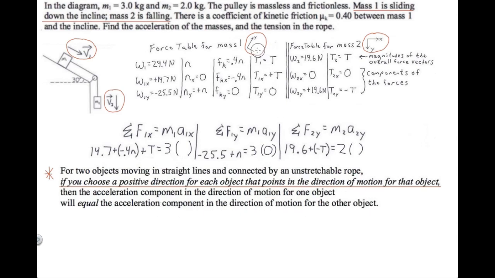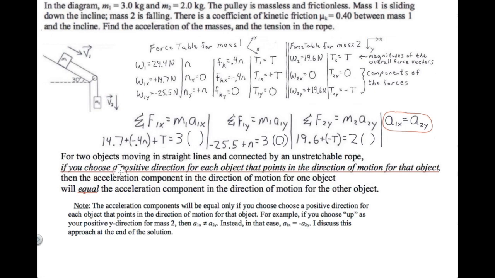We've chosen a positive x-axis for mass 1 that points down the incline, which is the direction of motion for mass 1. And we've chosen a positive y-axis for mass 2 that points straight down, which is the direction of motion for mass 2. So our axes do satisfy this requirement.